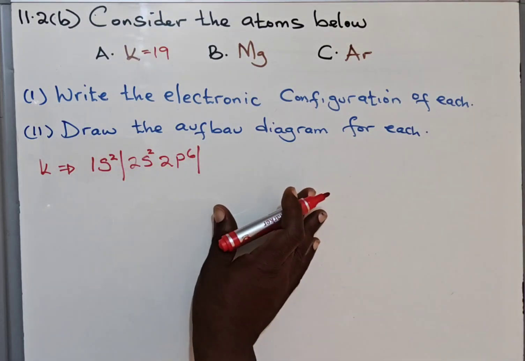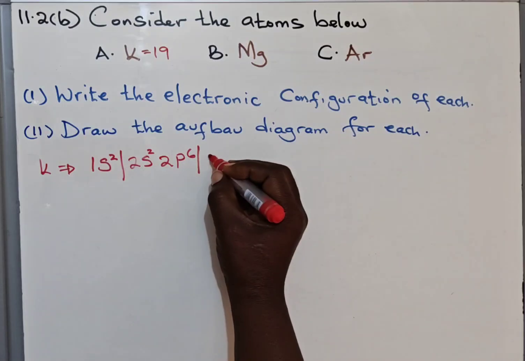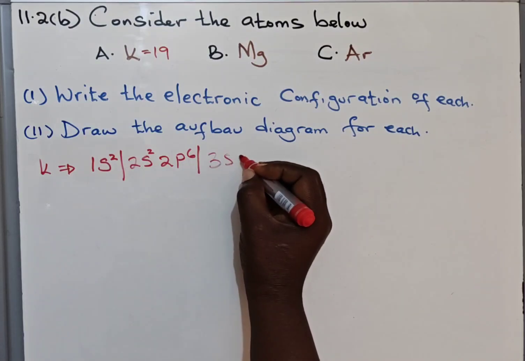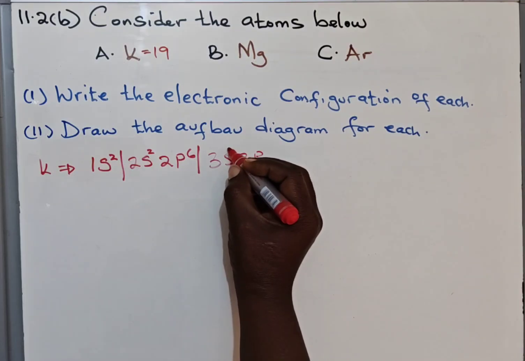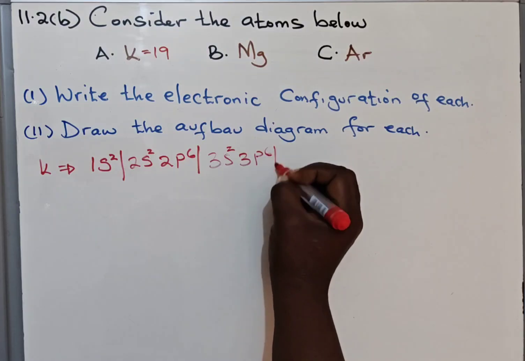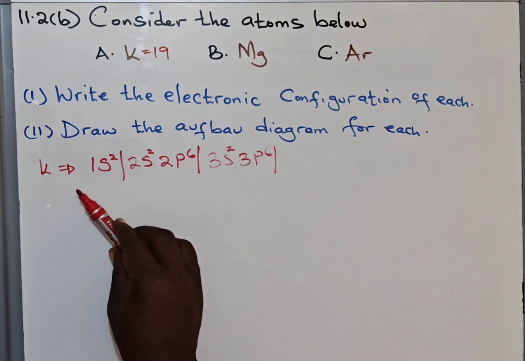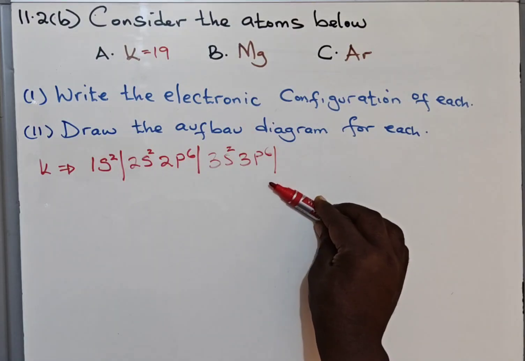Then we go to the third energy level, which has 3s and 3p. 3s takes up a maximum of 2 and 3p takes up a maximum of 6. When you count, we have 10, then plus this one, 18.